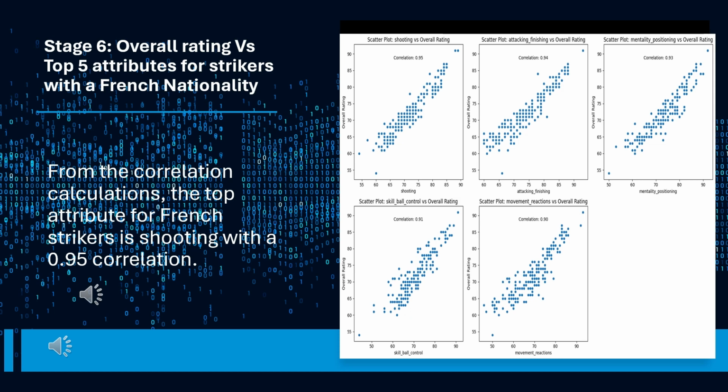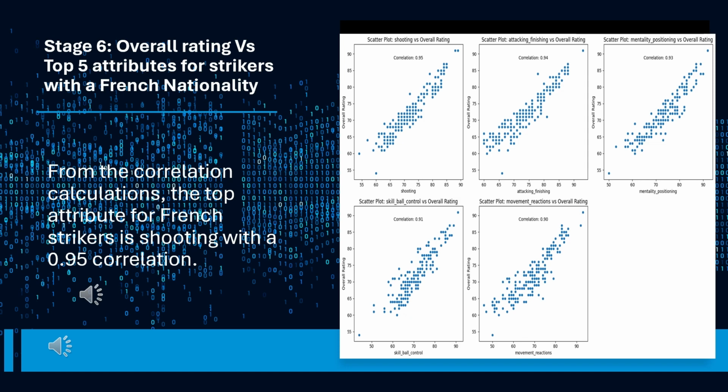Next, we narrowed our focus and wanted to determine if there were any notable differences in the correlation between their attributes and overall ratings compared to the general data sets of the original scatter graphs that I created for just male players.